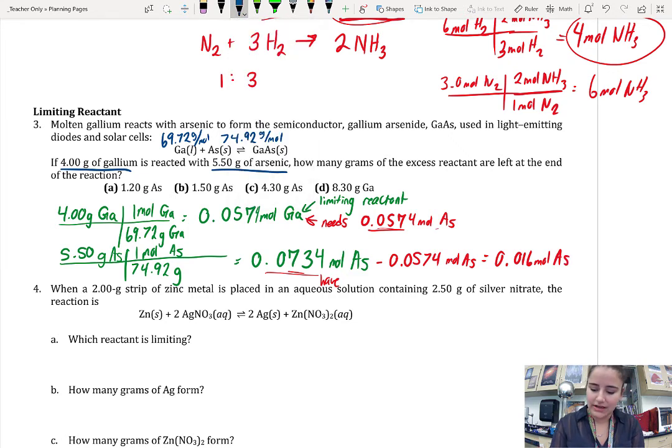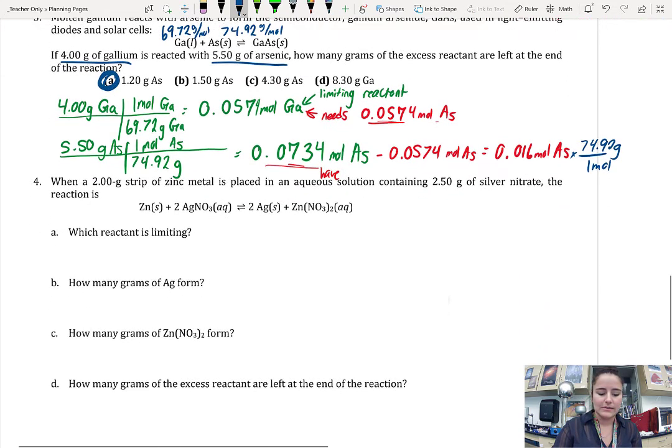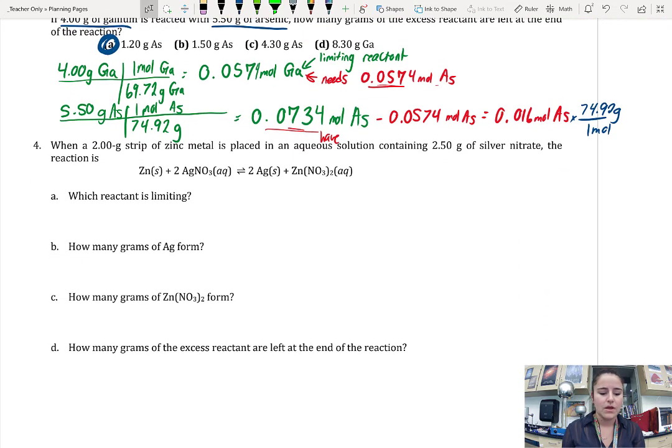And then the last step, we just have to convert it back to grams using the molar mass. So there's how many grams per mole it is. I plug it into my calculator, and I get 1.198, so about 1.20 grams. Answer option A. Okay, cool. Last problem.